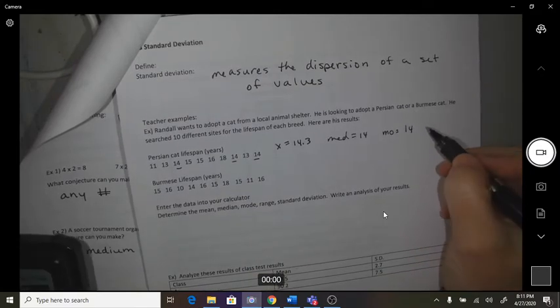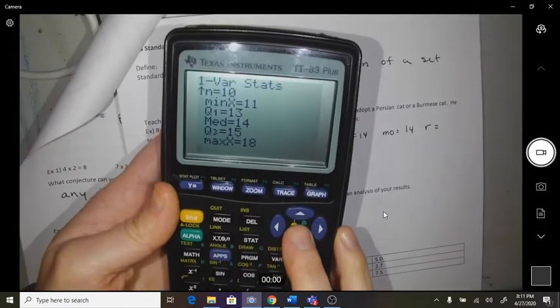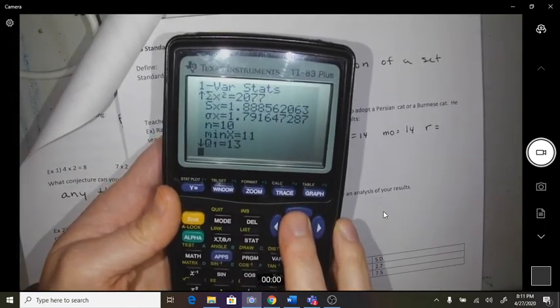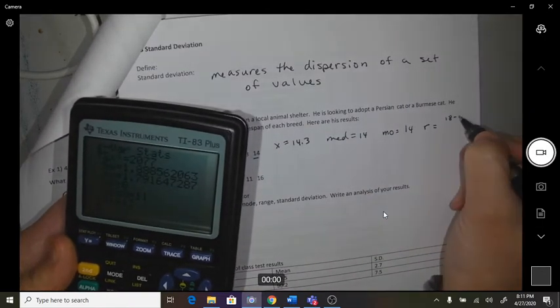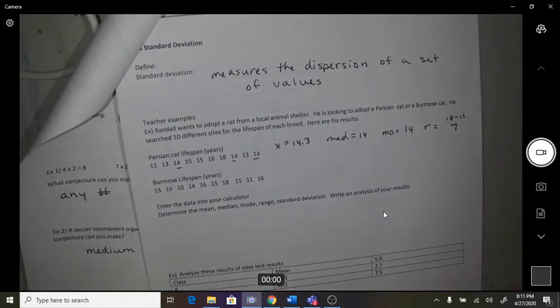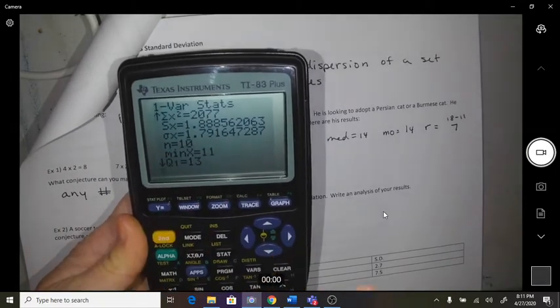So 14. The range, so the highest is 18 and the lowest is 11. So the range is 7. And the standard deviation is right here, 1.79.